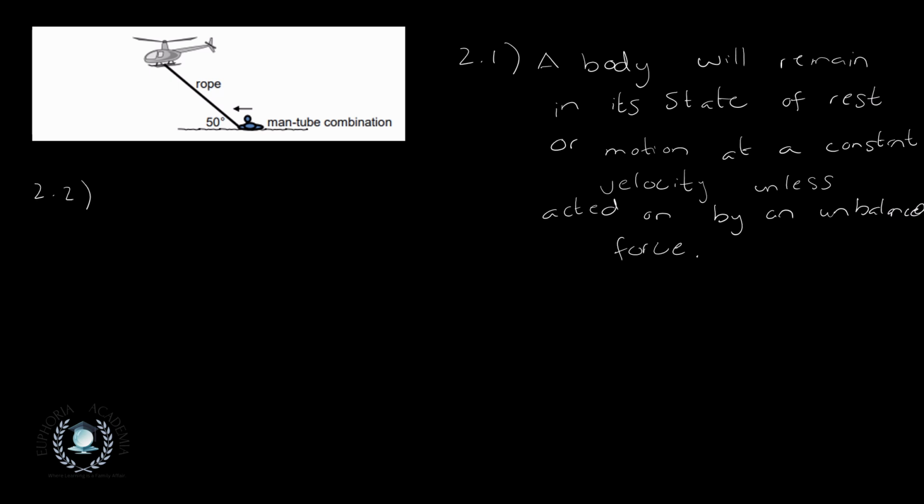Now for question 2.2, we're asked to draw a free body diagram of the man-tube combination while they are being dragged. Now, we already told the forces and we already demonstrated what is happening. So at this point, it should be easy to determine what the forces on this man-tube combination are. I'm just gonna draw a block to represent the man and tube combination. So we're going to have the weight acting on them.